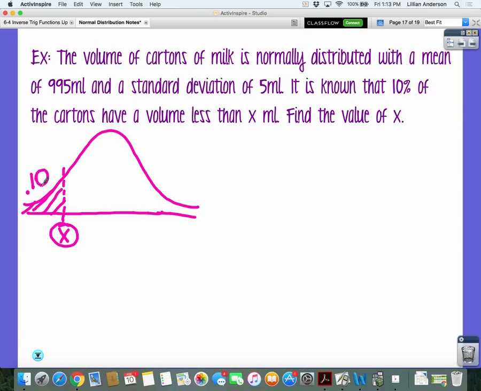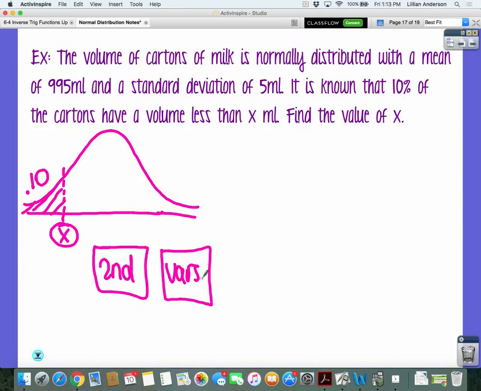So now you go into your calculator. You press the second button, you press the bars button, and you go to option 3, inverse norm. So if it pops up, just inverse norm with the parenthesis, what do you type in? Area, mean, standard deviation.